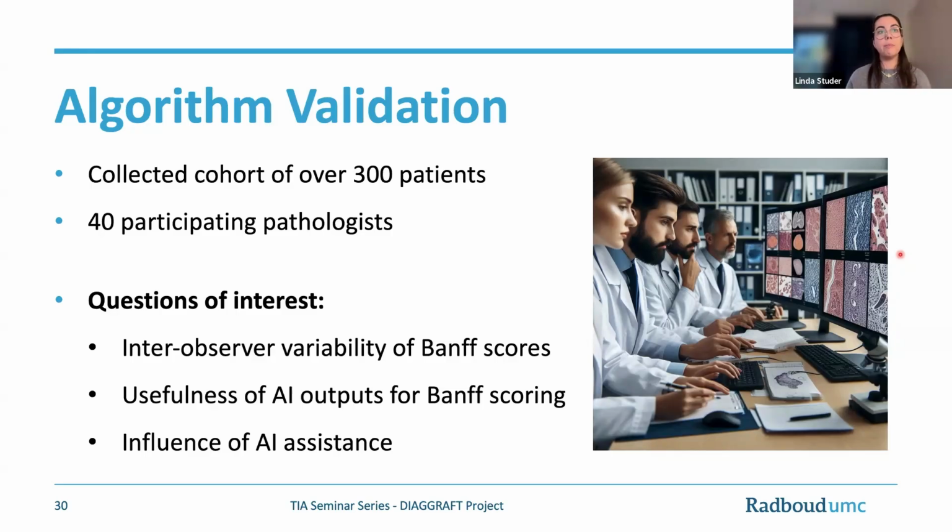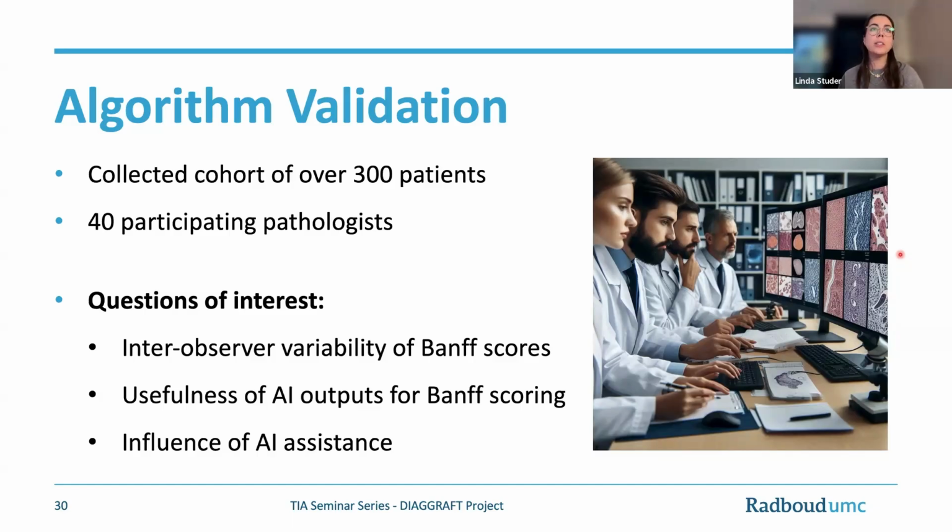Also the impact of AI on the inter-observer variability, to see if they come together to a similar agreement. Then we also have some questions about the usefulness of the AI outputs: how do they like to work with them? Do they find it helpful? Do they use it as a first look, as a second look? Do they use it to find certain specific areas for specific factors?